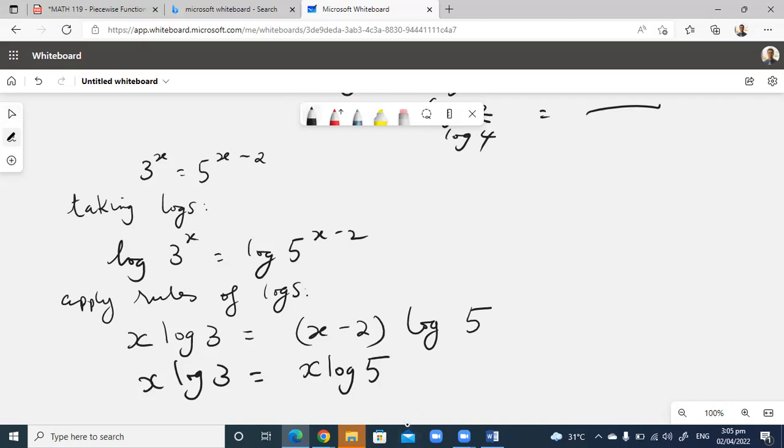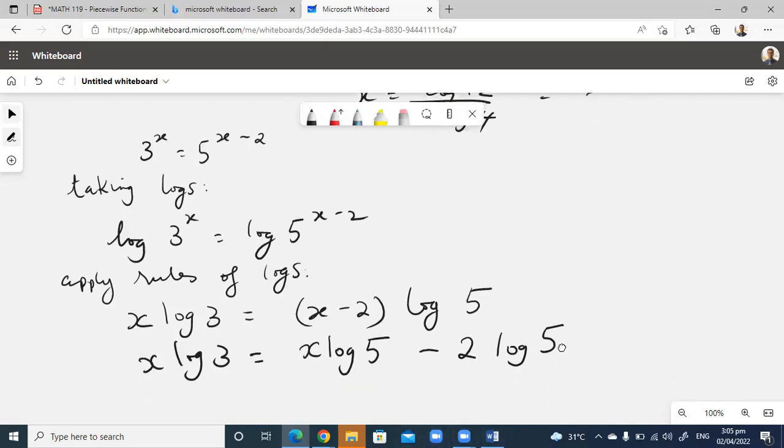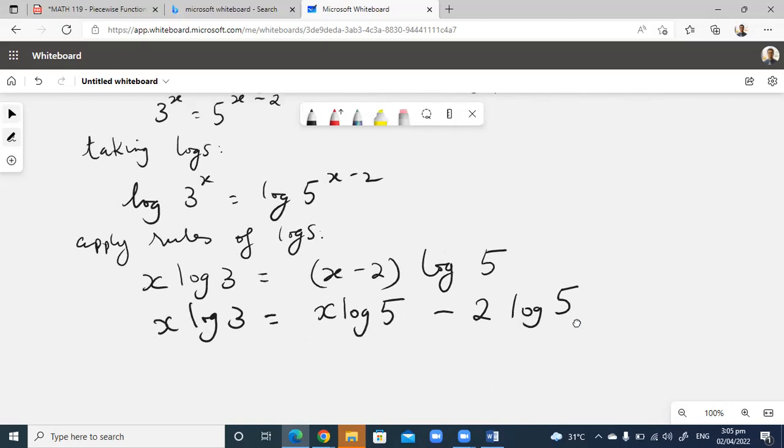Minus 2 by log 5 is minus 2 log 5. You all okay with that so far? I just removed the bracket there.